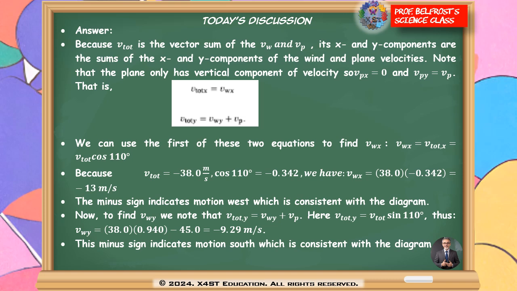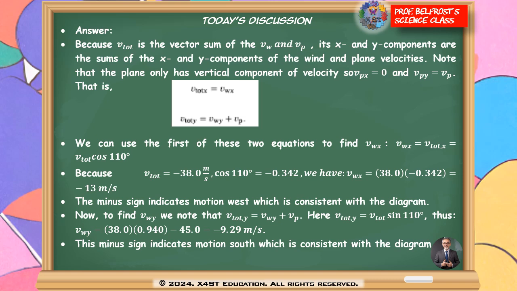Please notice that the total velocity is the vector sum of the wind velocity and the plane velocity. Here the plane velocity in x is 0, and the plane velocity in y is the plane velocity itself. So the total velocity in x is the wind velocity in the x direction, and the total velocity in y is the sum of the y component of the wind velocity and the plane velocity.